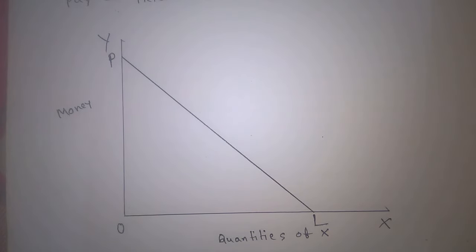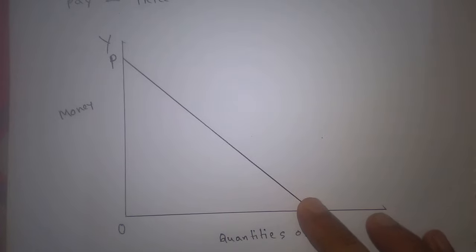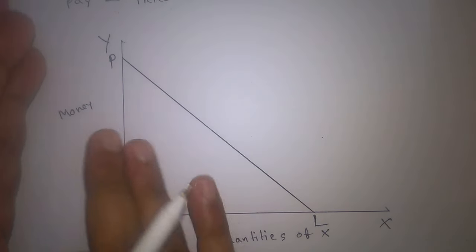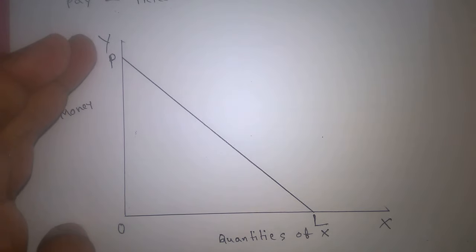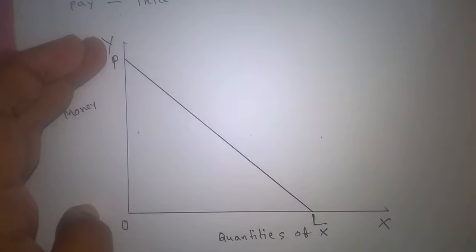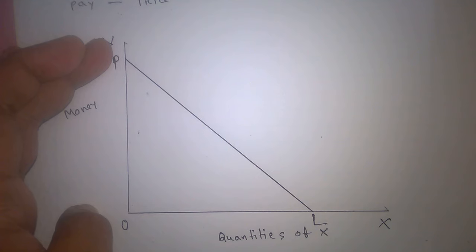In this budget line we can see there is a trade-off situation, which means you can keep all your money in your pocket. So you have OP amount of money in your wallet, and you are not going to purchase any product at all.